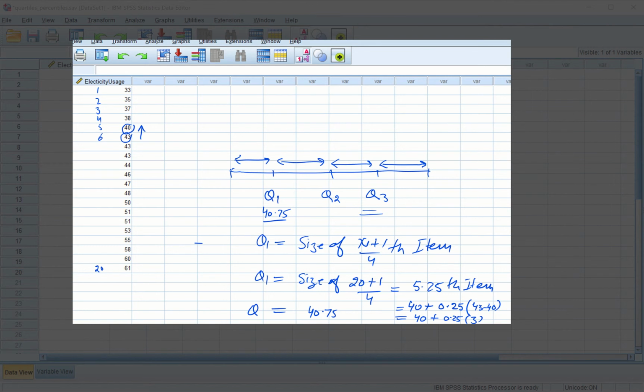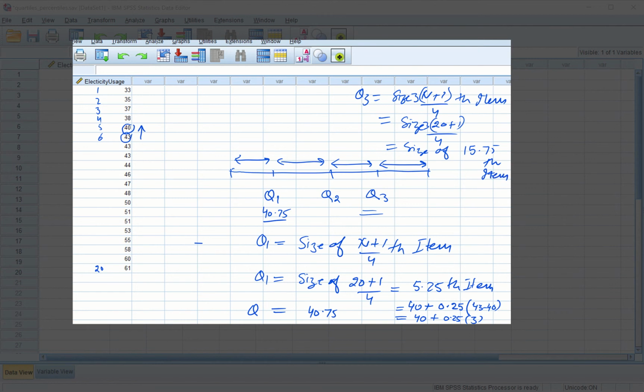Q3, as we said, is nothing else but equal to the size of (n plus 1) over 4 times 3. Since it is the third quartile, it will be equal to the size of (20 plus 1) times 3 divided by 4, equal to the size of 15.75th item.